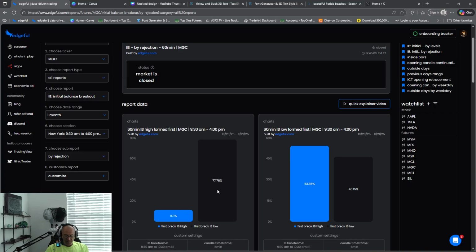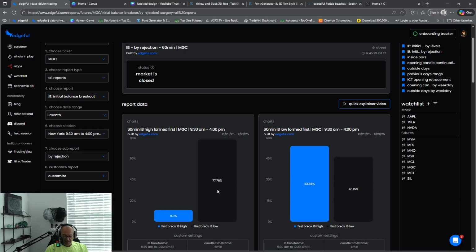Rejection. So when an IB high is formed first, I can expect a very high probability that the initial balance is going to break to the downside.